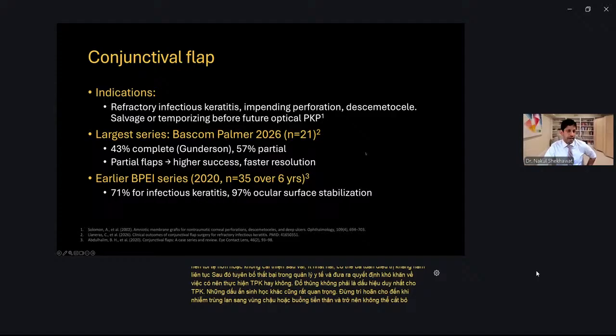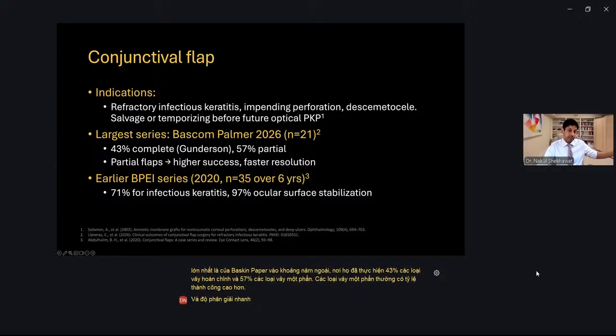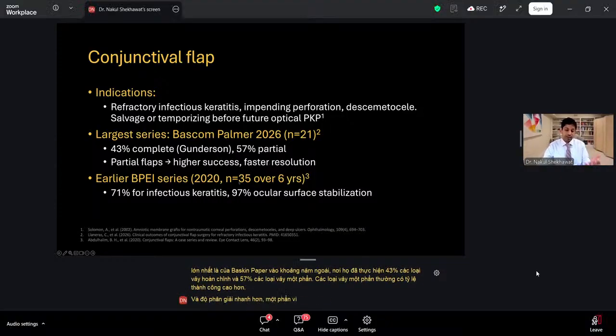Finally, conjunctival flaps. So this is an underutilized option for refractory infectious keratitis, even in pending perforations and descemetoceles. And it can be a salvage or it can temporize and stabilize the situation before a future optical PKP. One of the larger case series was from Bascom Palmer in the last year or so, where they did 43% complete flaps and 57% partial flaps. And partial flaps actually tended to have higher success and faster resolution, potentially because there's a greater carriage of vascular supply to that area where the flap was sutured.